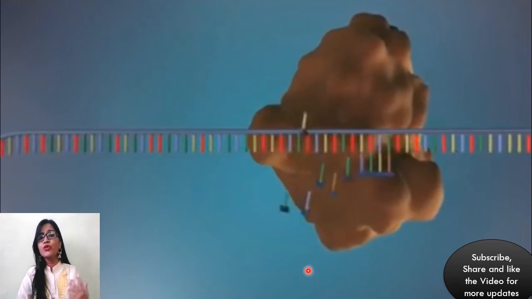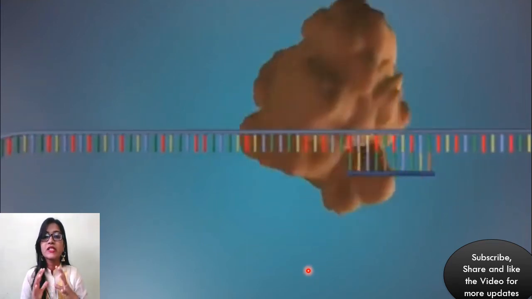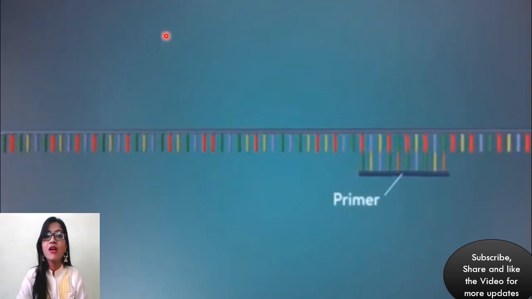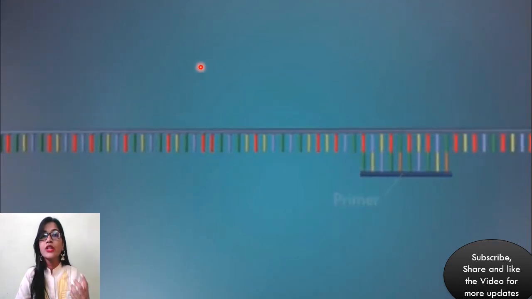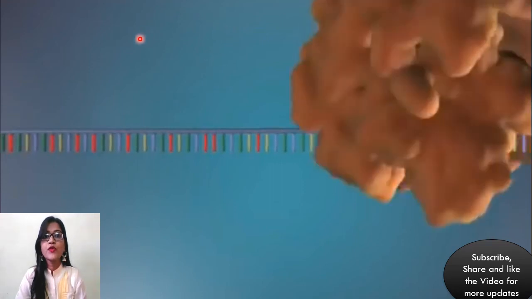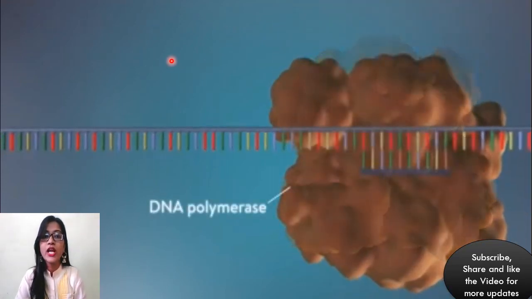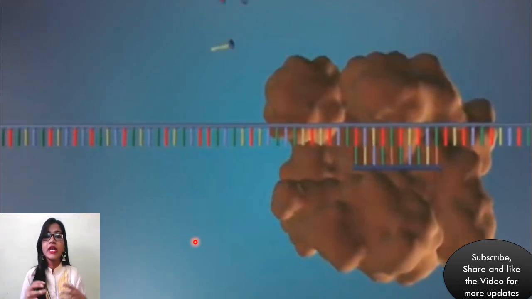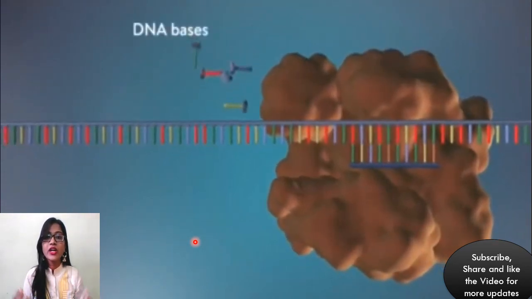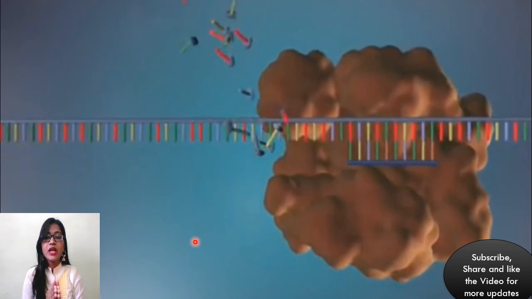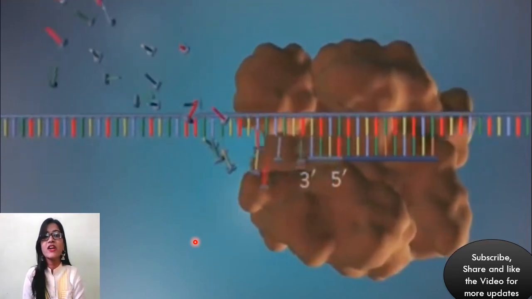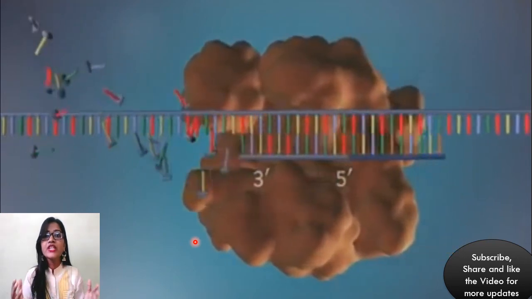Now see how beautifully the DNA polymerase gets attached to the RNA primer, and these are the active nucleotides. By the process of phosphorylation, these active nucleotides get added. And the DNA polymerase is moving forward, the bases are added, and the leading strand gets formed.